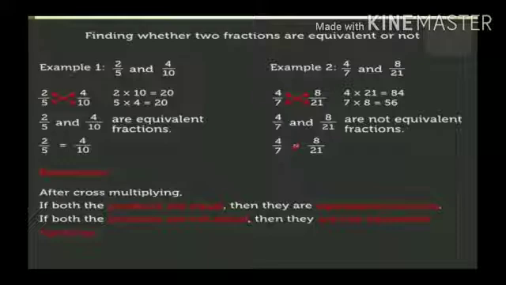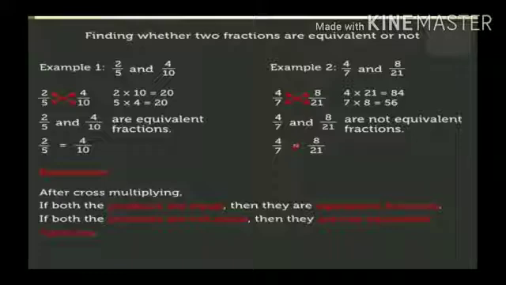Now, let's find whether two fractions are equivalent or not. Let's see in the first example, 2 upon 5 and 4 upon 10. Here we have to cross multiply the numerator of the first fraction with the denominator of the second fraction, and again the numerator of the second fraction with the denominator of the first fraction.